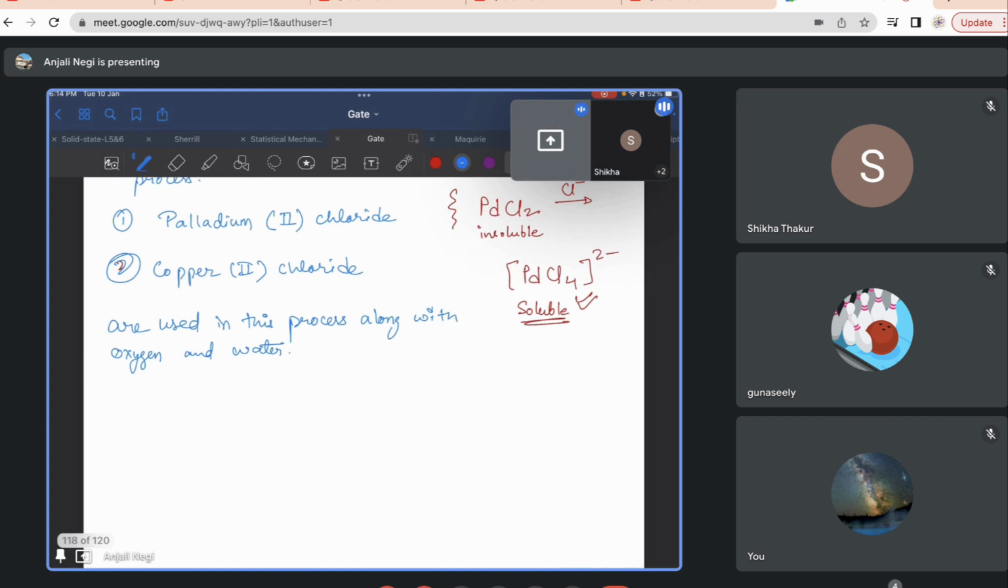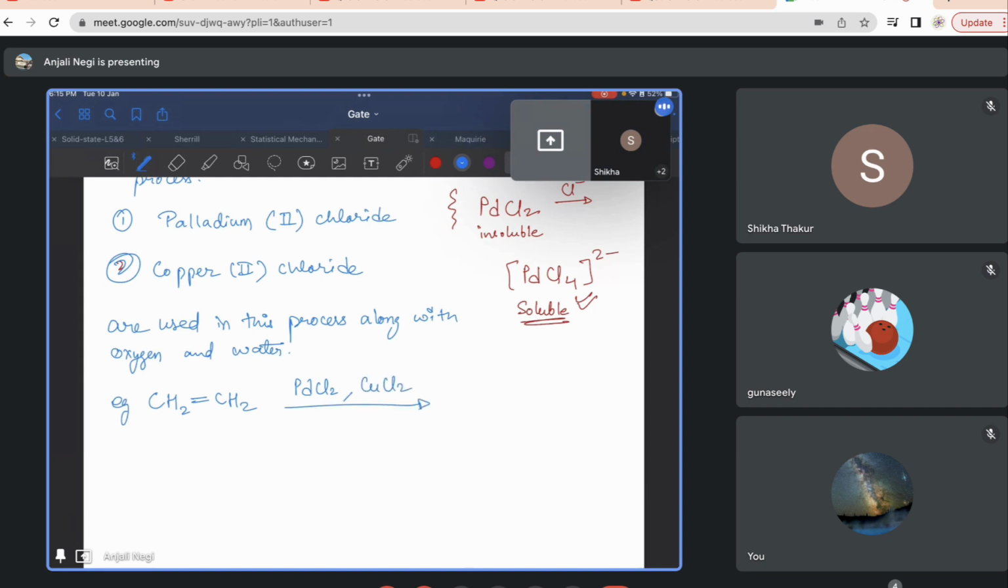Now for example, in the problem itself they have not given any example or asked any mechanism, but we can simply take one example and look into the catalyst they have used, which we already did. For example, we can take ethene, a simple alkene, and copper Cl2.